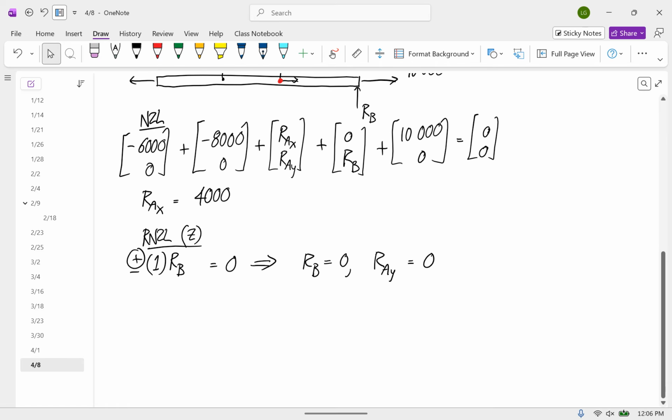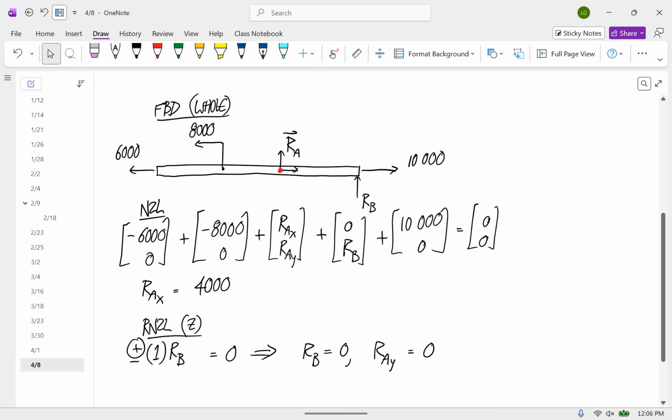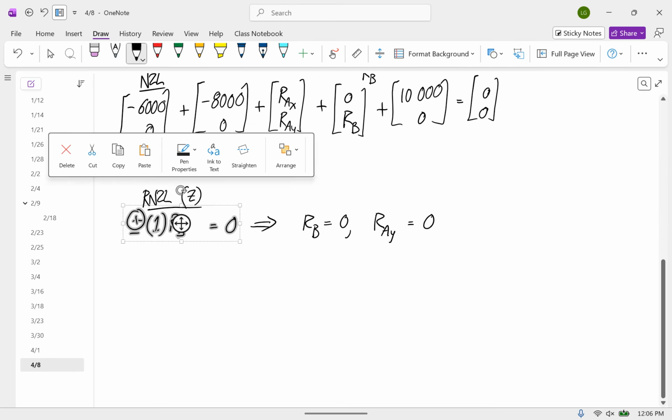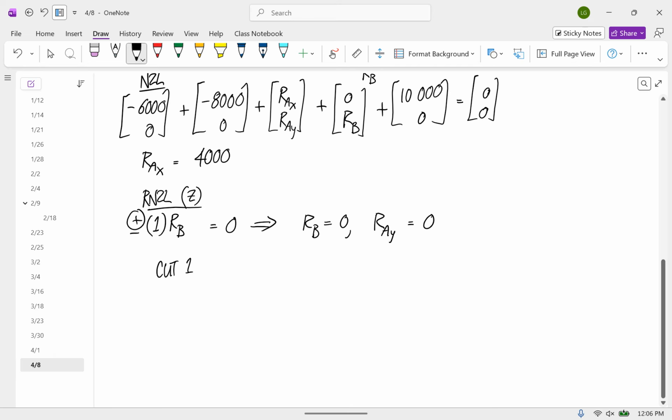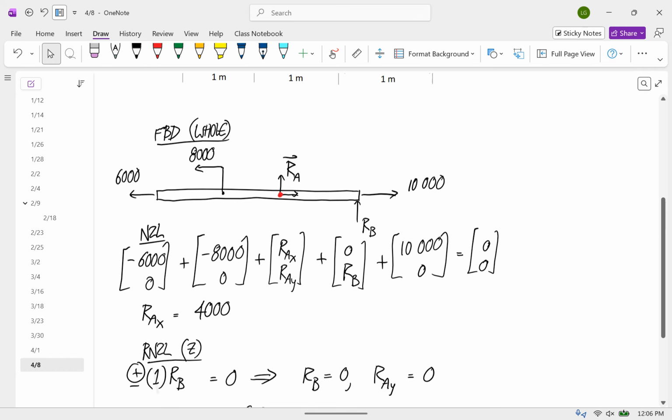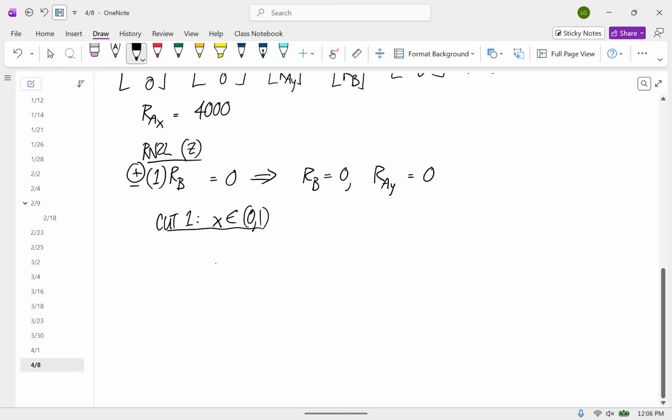So our first cut is going to be for X values between 0 and 1. And we have the 6,000 here. And then we have our internal loads.